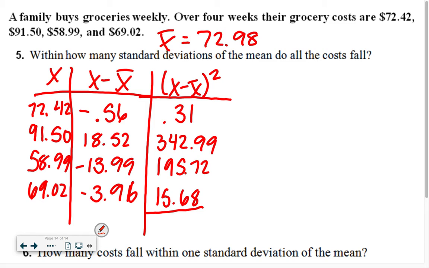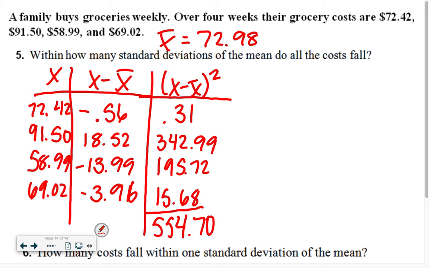What do I do with those four numbers? Add them. Who's got a total? 554.7.